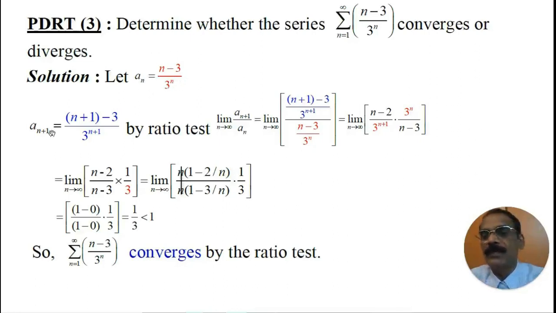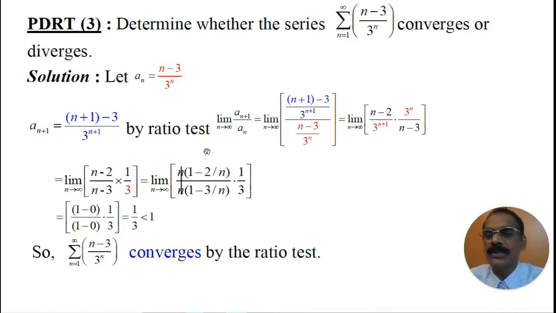Then what is a(n+1)? a(n+1) is obtained by replacing n by n+1 in a(n). Therefore, we get n+1-3 divided by 3 to the power n+1. So a(n+1) is (n+1-3) by 3 to the power n+1.